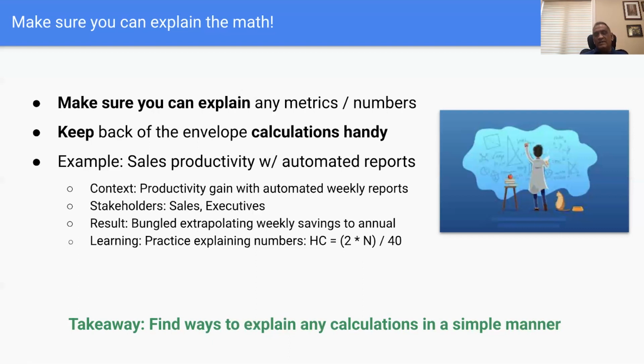So one of my executives caught me and said, Ravi, can you explain to me, how do you translate the 20,000 hours that you're talking about as a savings for the salesperson's time to 500 people headcount? And at that moment, of course, it's a very simple calculation, and I knew this all along.